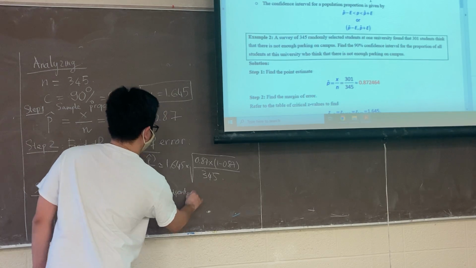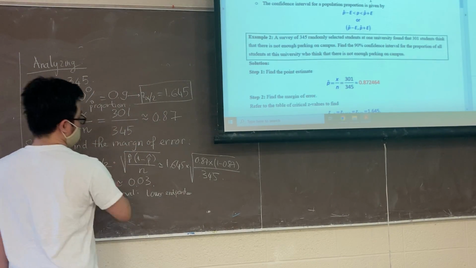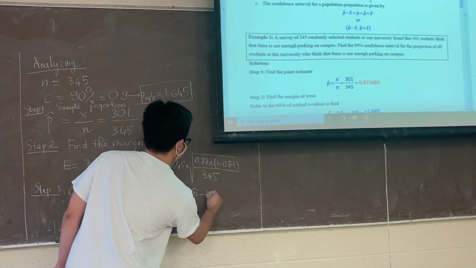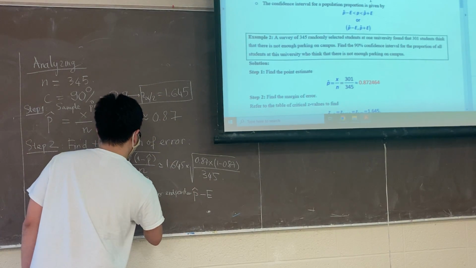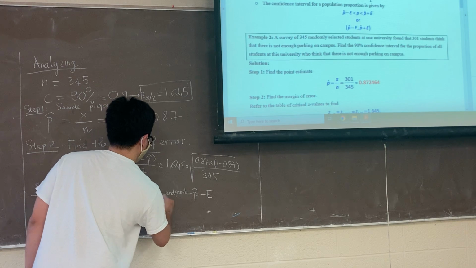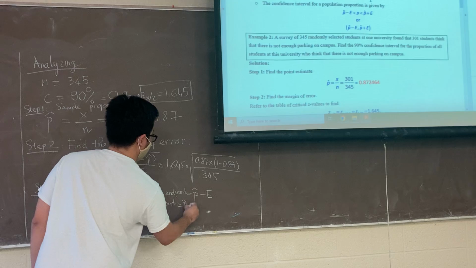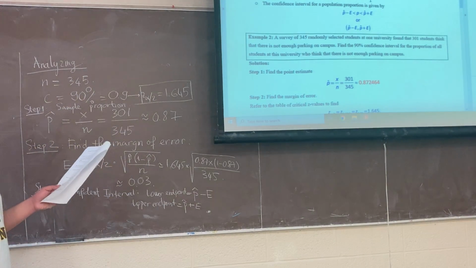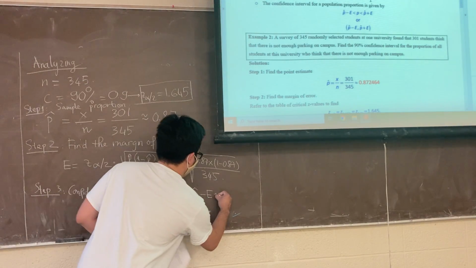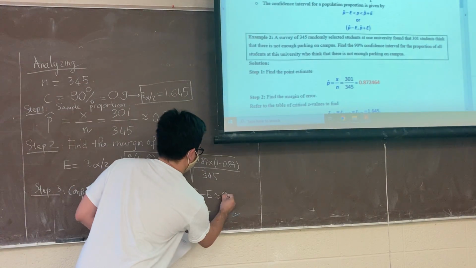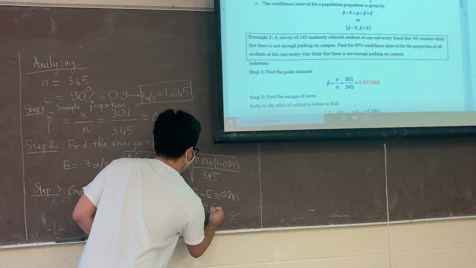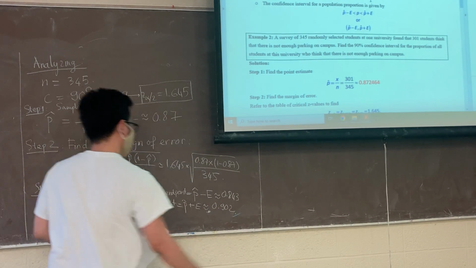The lower endpoint is equal to the sample proportion, that is the point estimate, minus E. And the upper endpoint is equal to the point estimate plus E. So now you will get two results: approximately 0.843 and approximately 0.902.